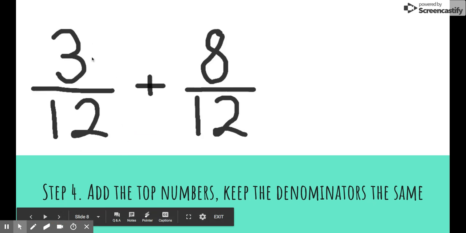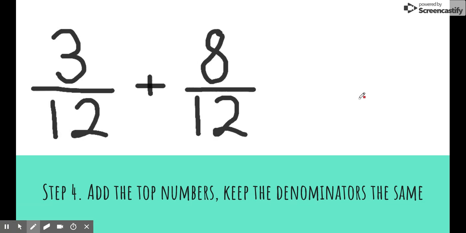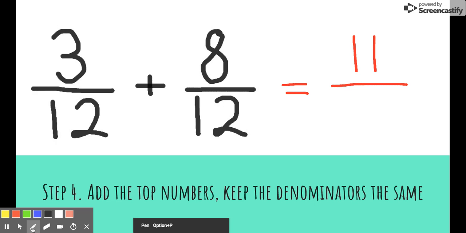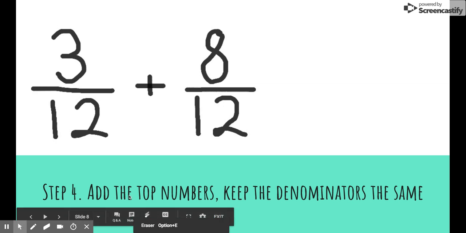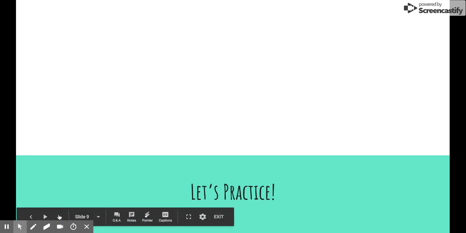So as we found, we now have 3/12 plus 8/12. Now, we know with fraction addition, when you're dealing with two fractions that now have the same denominator, we first add the numerators. So 3 plus 8 equals 11. This you should know from when we practiced fraction addition with fractions that have the same denominator.